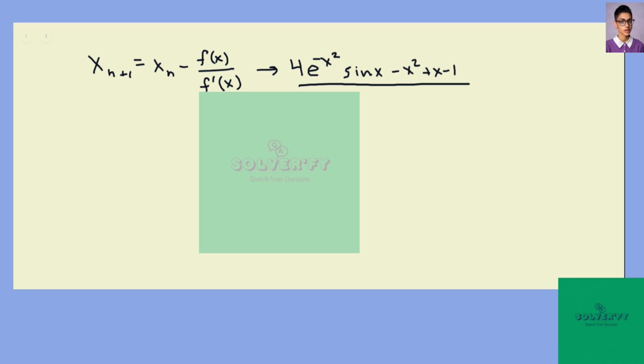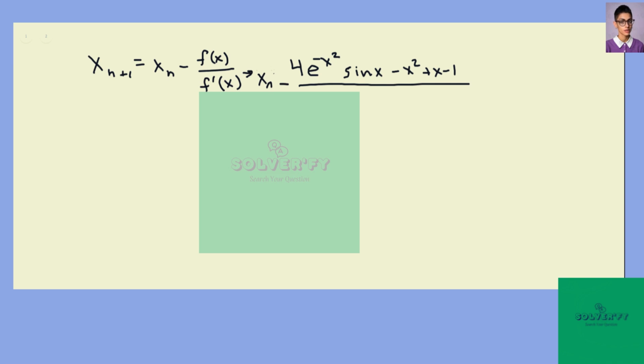And I'm going to erase this. I'm going to put this just in there, and I'm going to have x_n minus all of that. Didn't have to rewrite all of that.